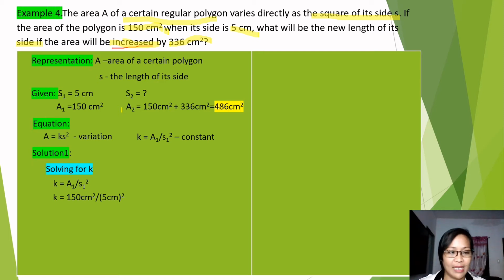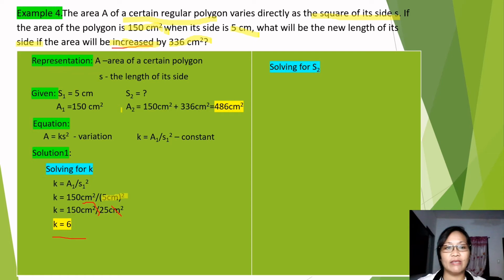Of course, we do this first because it is squared. So 5 times 5 is 25, and centimeter squared cancels centimeter squared. Therefore, for our K, 150 divided by 25 is equal to 6.